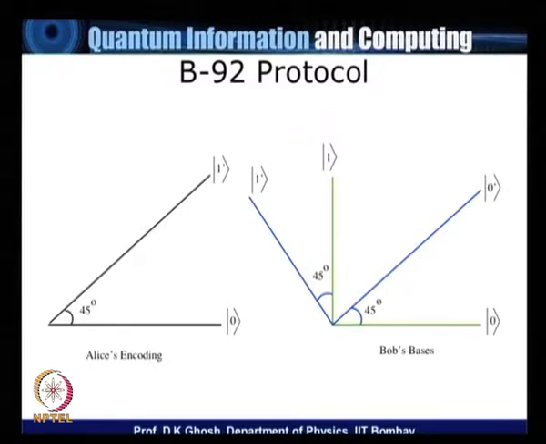Bob's 0 is parallel to Alice's 0. But you notice one thing, that Bob has the other basis. There is a 0 prime there, which Bob has used, which is parallel to Alice's 1, which is encoded in a diagonal basis. And perpendicular to these two are the other 2 bases of Bob.